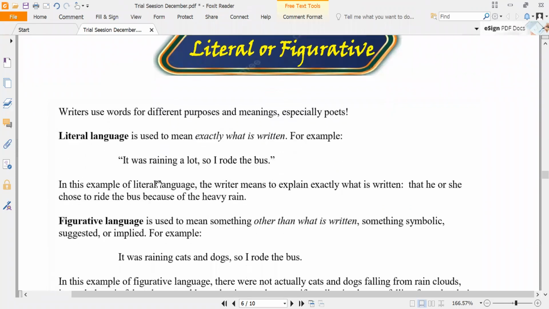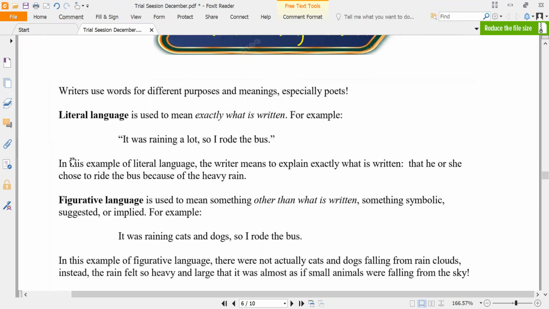Let's read these parts. Read. Writers use words for different purposes and meanings, especially poets.